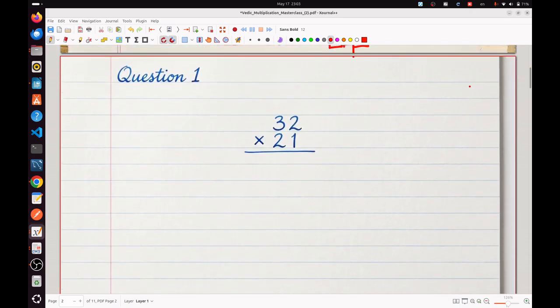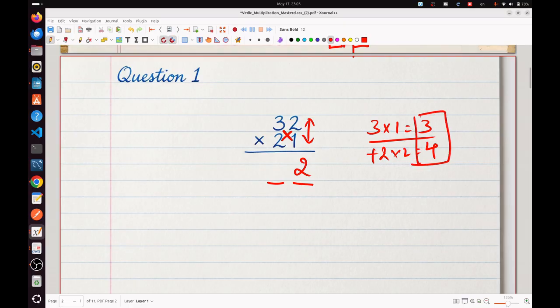Let's solve this question quickly, using the same approach. First, multiply these two, 2 into 1. What do we get? 2. In the middle, first multiply 3 cross 1, which is 3, plus 2 cross 2, which is 4. We got 3 and 4, right?